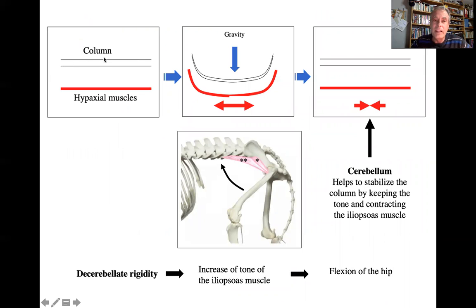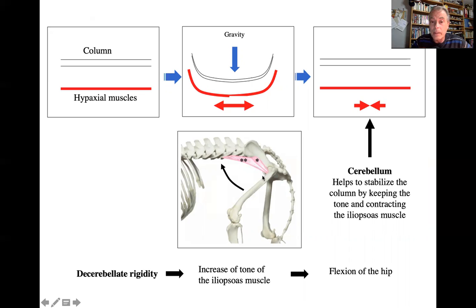So we go back: this is the column, and underneath we have hypaxial muscles. The function of these hypaxial muscles is to fight against gravity. Gravity flexes the column, so the hypaxial muscles are stretched, and in a myotatic reflex they contract and keep the column in place. One of these hypaxial muscles is the iliopsoas muscle, which is responsible for the flexion of the hip.